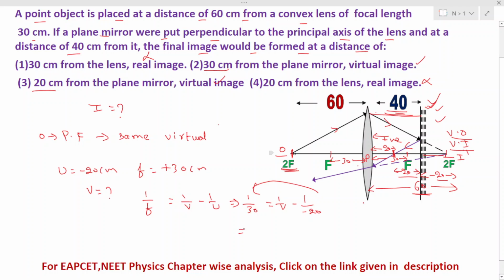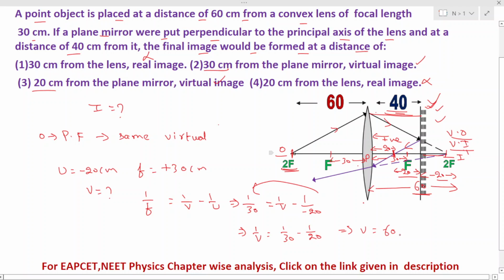That implies 1 by v is equal to 1 by 30 minus 1 by 20. If I solve, I'll get v is equal to 60 centimeters. That implies the final image is formed at a distance of minus 60 centimeters from the convex lens. Okay, minus means opposite to our positive direction.